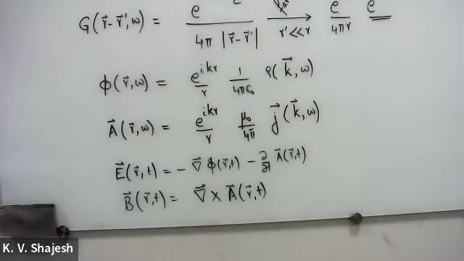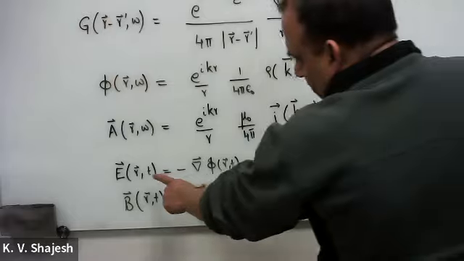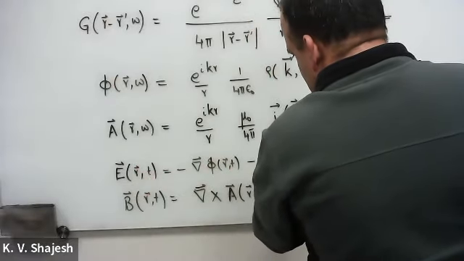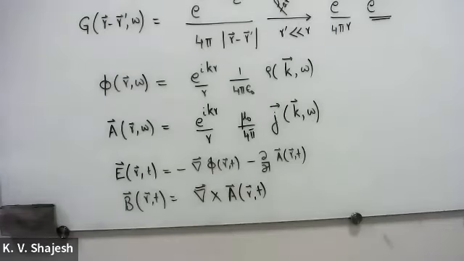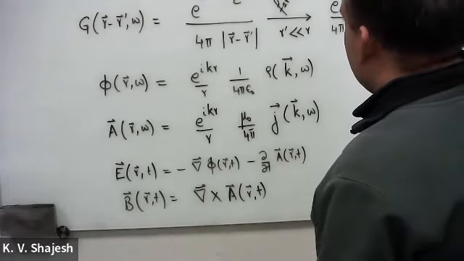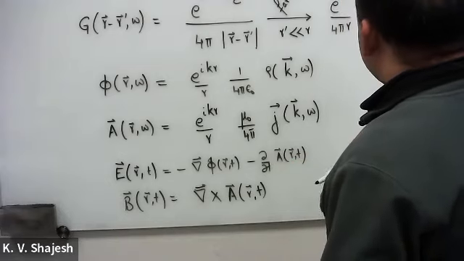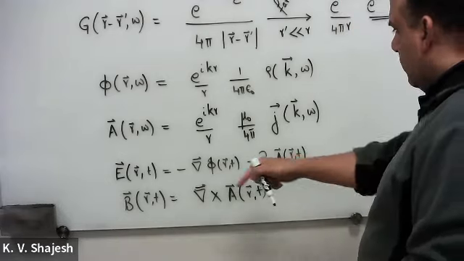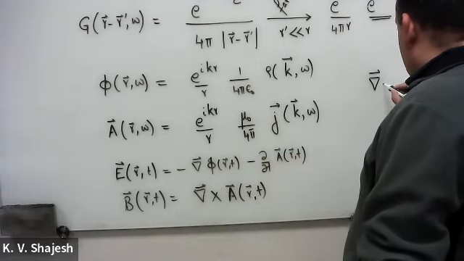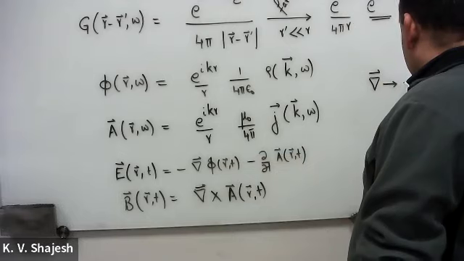We are interested in the frequency pieces. We would like to go from t to omega, and accordingly d by dt has to go to minus i omega. And we also did last time that when we are doing gradient, it is sufficient to just replace gradient with i k.